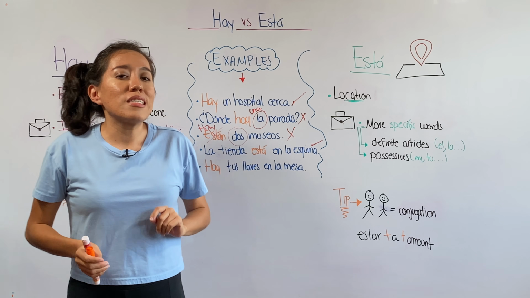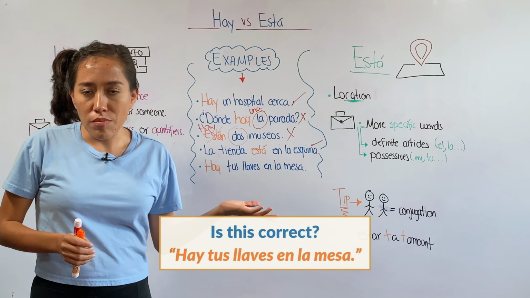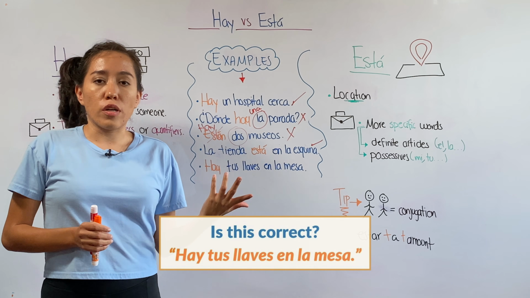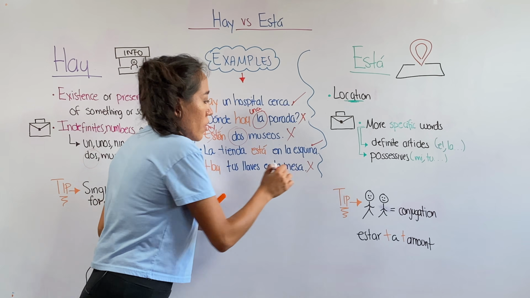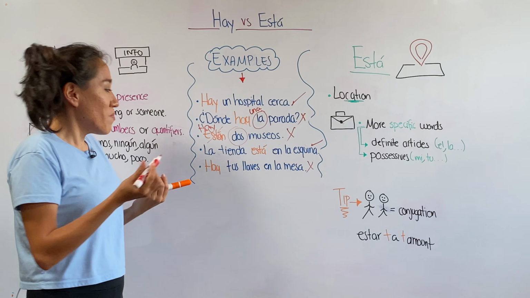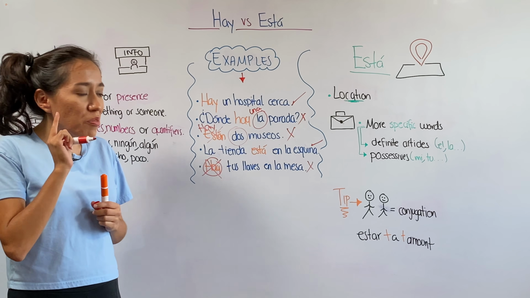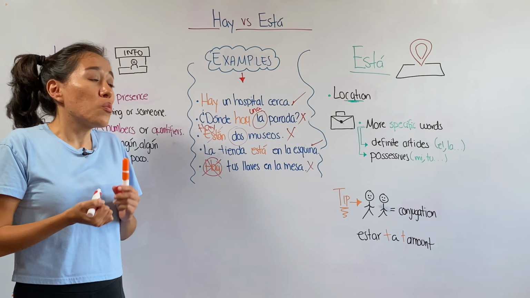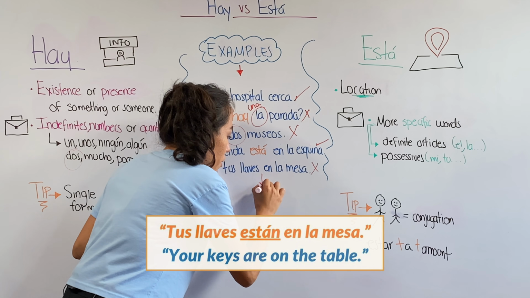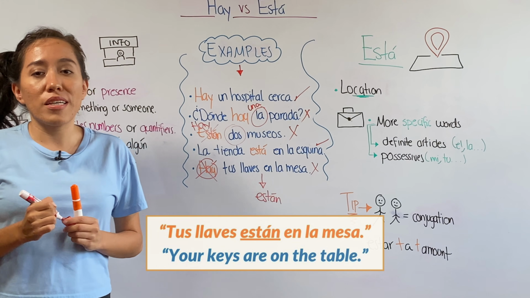What about sentence number 5? Hay tus llaves en la mesa. Is this correct or incorrect? Perfect, this is not correct. Can you tell what the mistake is? Perfect. This hay shouldn't be here. And in fact, this is an awkward sentence because in Spanish, we will say, tus llaves están en la mesa.